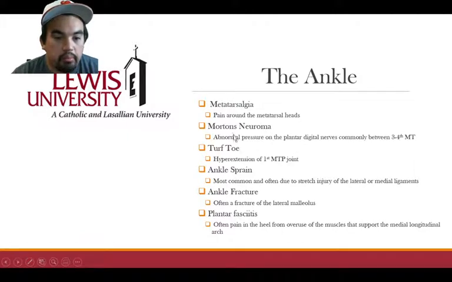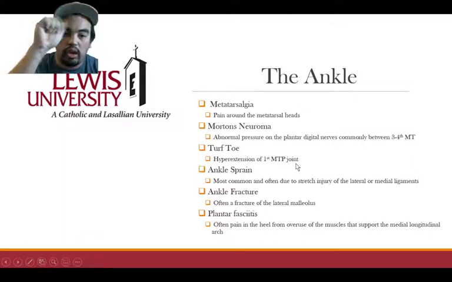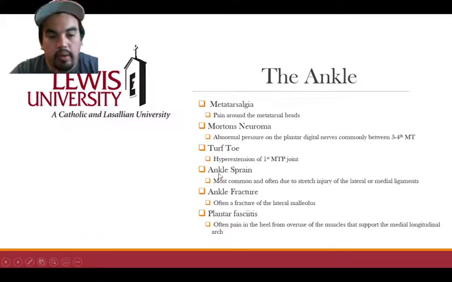Typically, a way of knowing that you could have this is that the second toe is actually longer than the first toe. Then we have turf toe, which is a hyperextension injury of the first metatarsophalangeal joint. So the great toe bends too far back, higher than that 40-45 degrees. Ankle sprain, right?